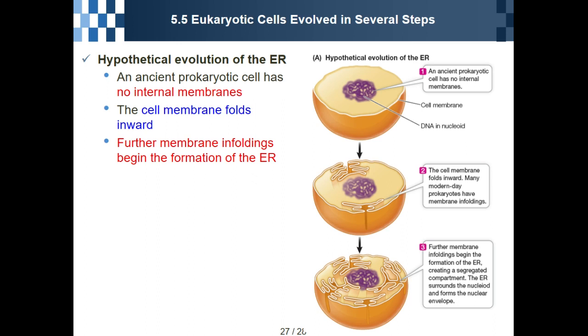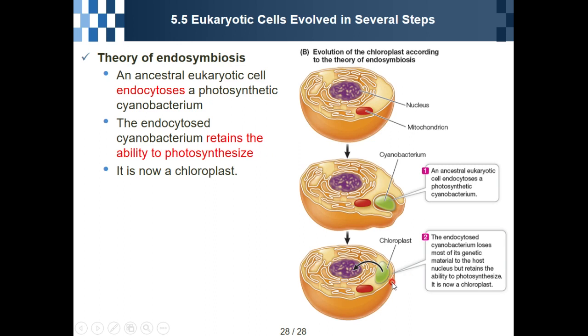Okay, so another hypothesis is that a plant cell has chloroplast. The main function of chloroplast is photosynthesis. But this is the theory of endosymbiosis. Some bacteria, especially the cyanobacteria, can do photosynthesis.